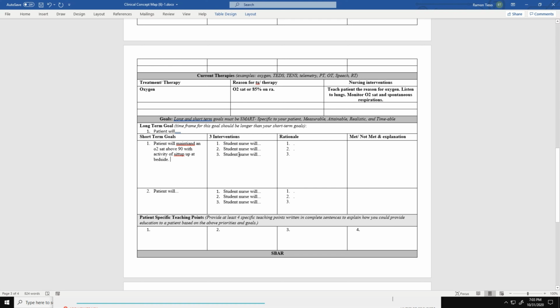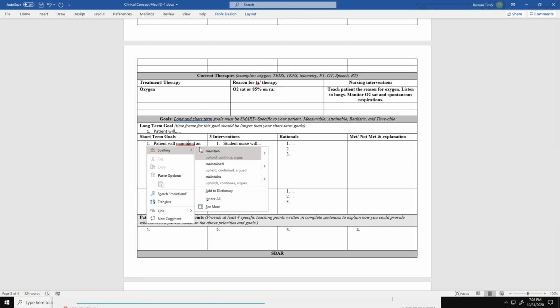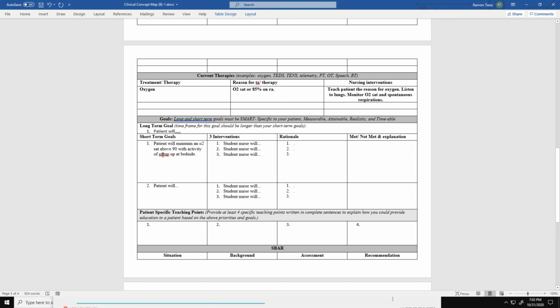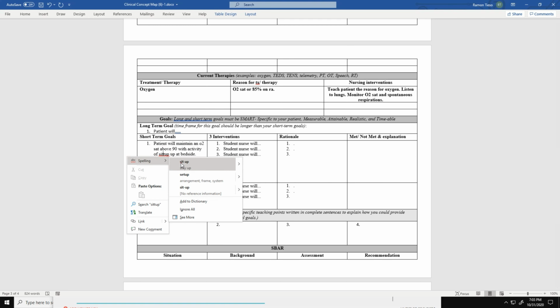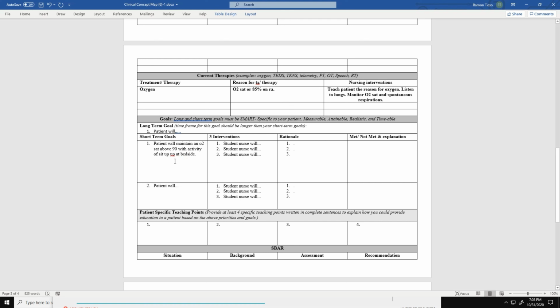Right, so we said that he got short of breath when he tried to sit up. Well, here we don't want his sats to drop while he's doing that. Okay. So that would be one.